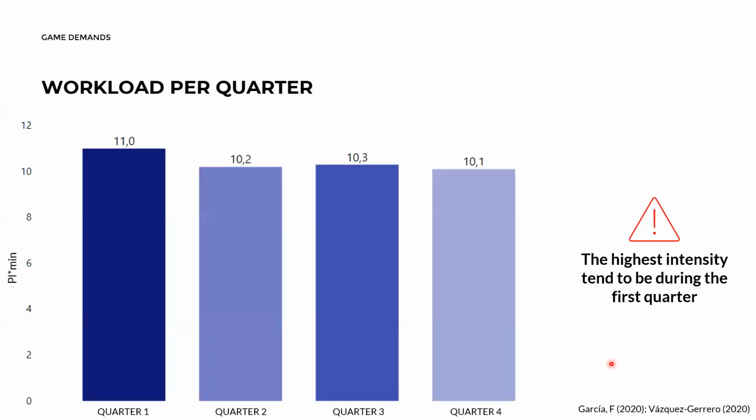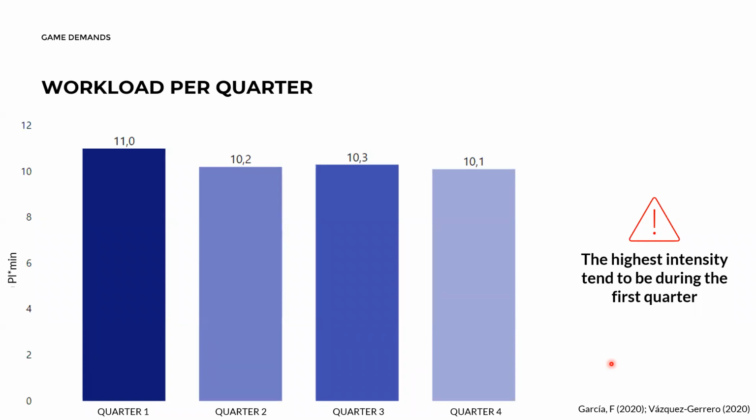What else do we know about game demands? We have seen, and there is some research that supports it, that intensity decreases during the game in almost every parameter: high speed distance, acceleration, deceleration, player load.